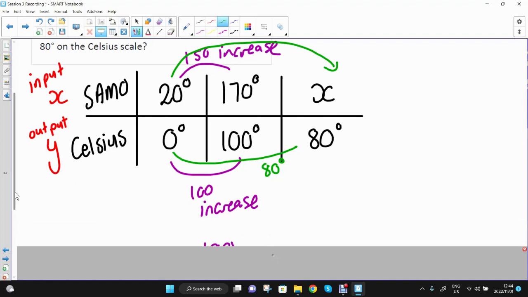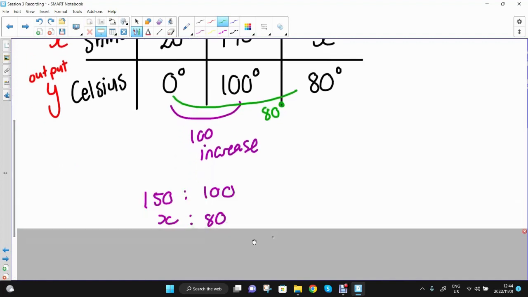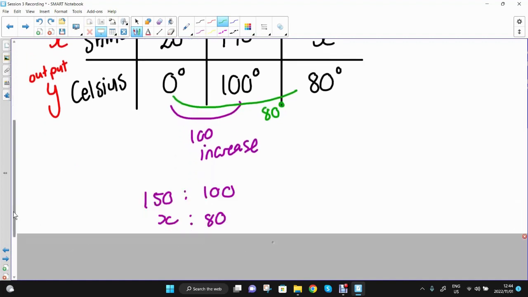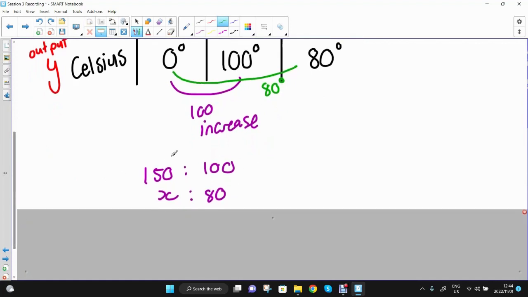So to do that, you can use ratios. You can see that I wrote down my increases. So I am relating 150 to 100, my increases for my SAMO to my increases for my Celsius meter. I want to find out what should be my increase for my SAMO if my increase in my Celsius meter is 80.